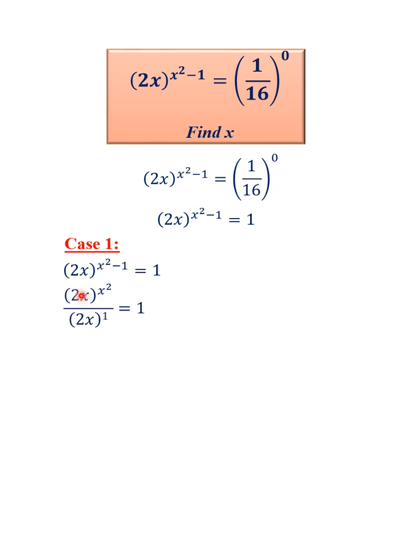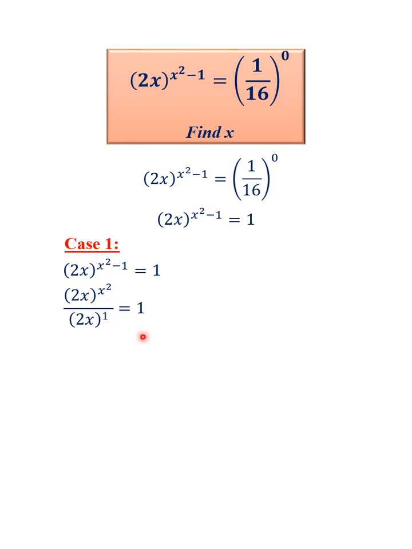So we have 2x over 2x, the bases are the same, then we subtract the powers. So technically this and this are the same. You take the base and subtract the power x squared minus 1, and that is what we have here. So nothing has happened, the equation is still correct.